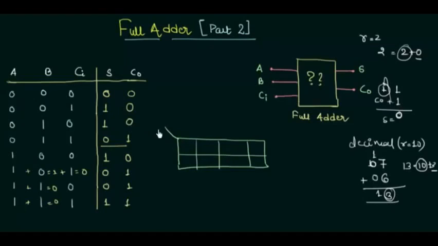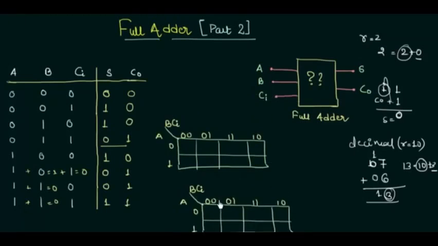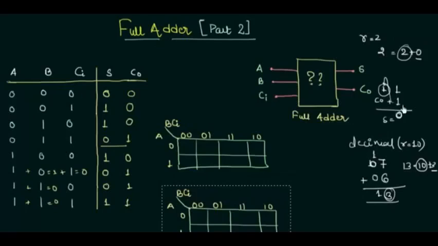We will write first the MSB, which is A, then B, and then the LSB, Ci. This is your 0 0 0 1 1 1 1 0 0 1, and let me copy this K map because we are going to need this K map exactly like this when we are solving the carry output.